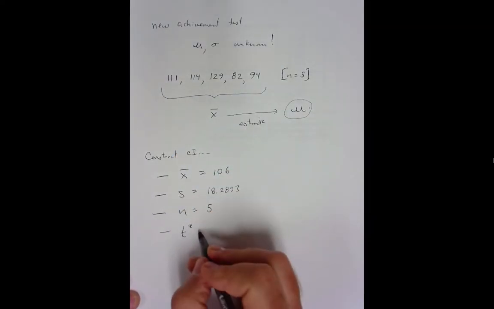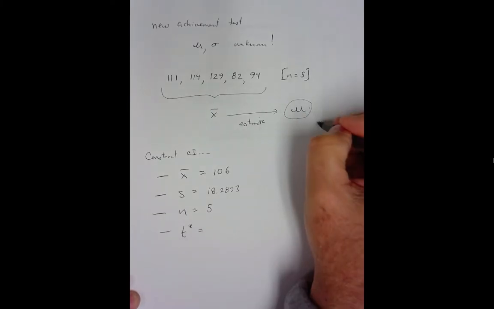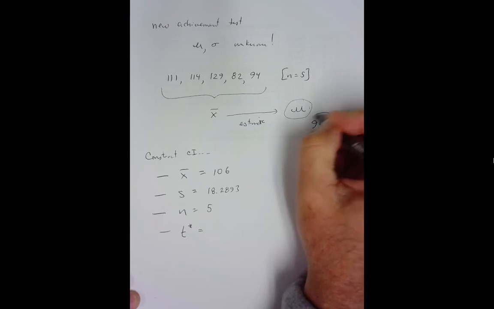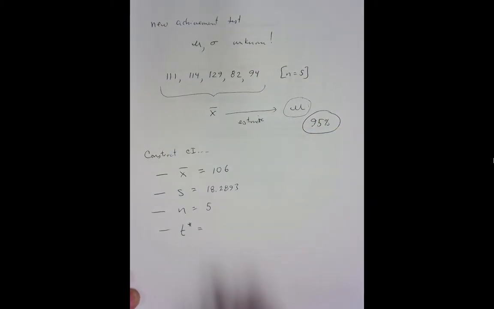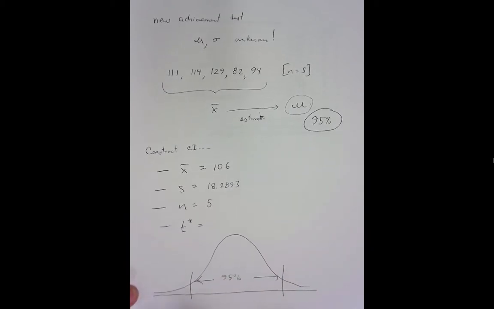Then we need t star. Let's do it. And again, let's just focus on calculating the 95%. So, guys, same old song and dance, right? Between two values falls 95% of the distribution. How much is missing? 5%. Half goes here. Half goes here.